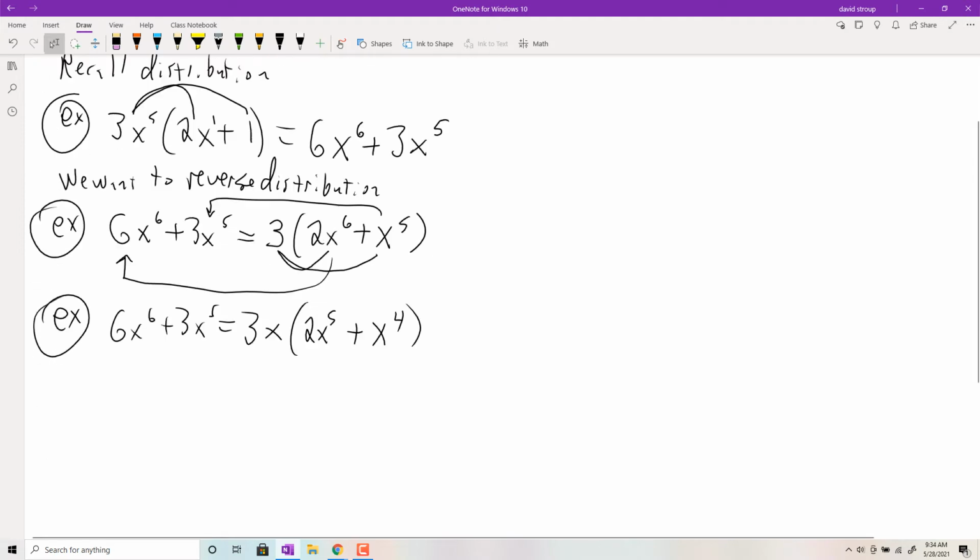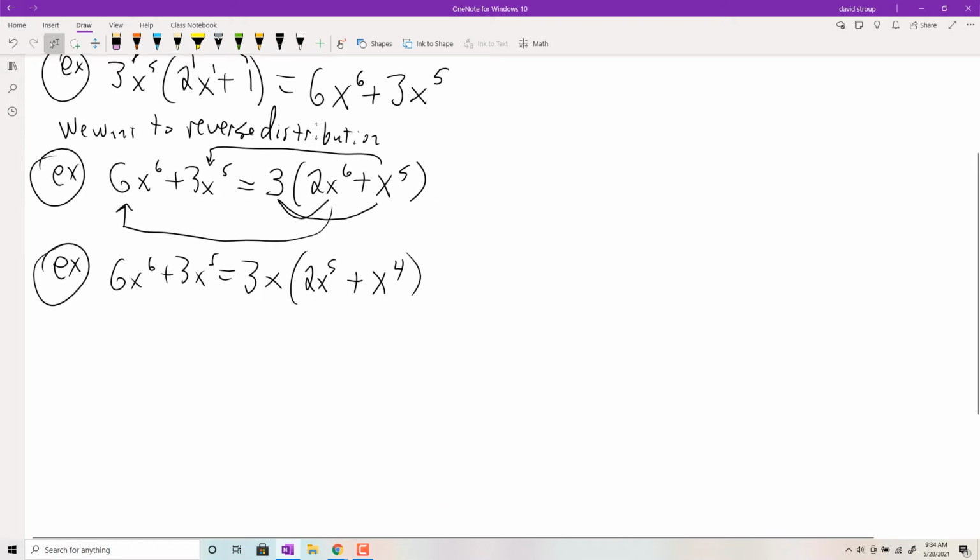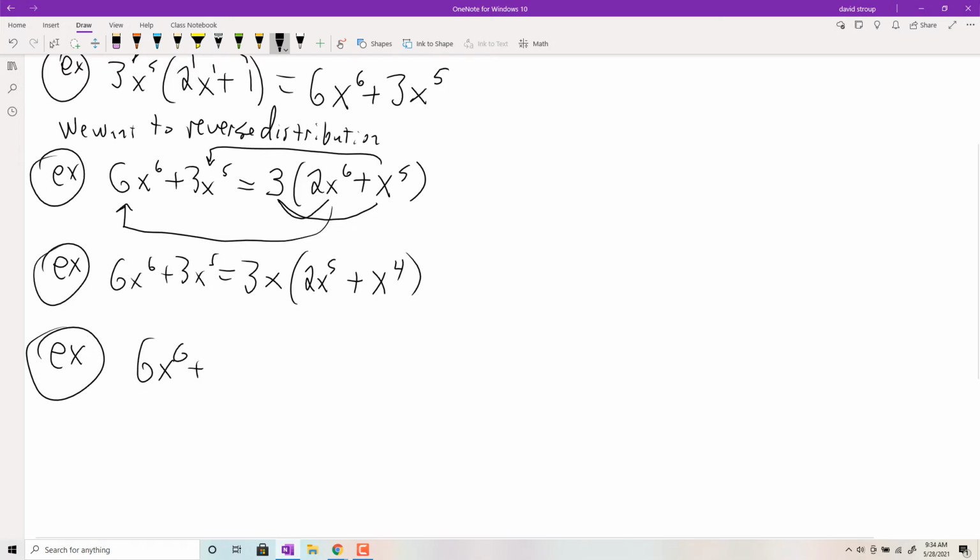So what would be the greatest common factor then? The 3x to the 5th. If you're given 6x to the 6th plus 3x to the 5th, it's the biggest term that will divide both of them, so the biggest thing that has a number, a constant, and a variable.